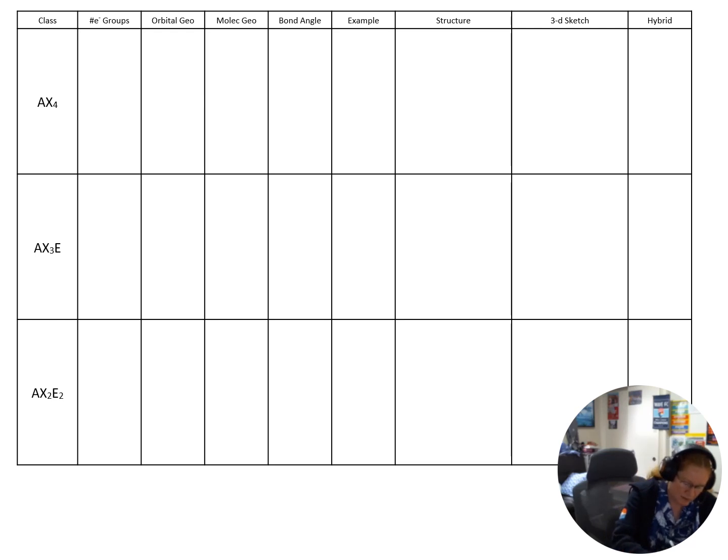Okay, so our first one, we have 4 bonding, 0 lone pairs, so we have a total of 4 electron groups. All right, this is our tetrahedral. Okay, everything's bonding, so our molecular geometry is also tetrahedral.